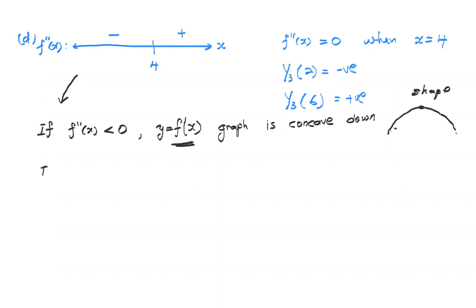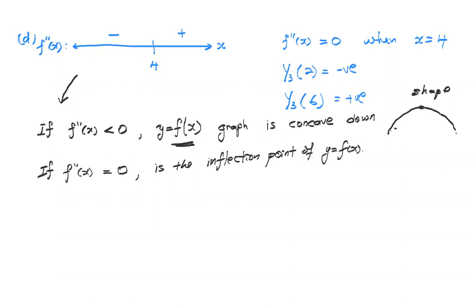If f double prime x is equal to 0, that is the inflection point of y equal to f x. That means it's the point where the shape of the f x graph changes. Clear?